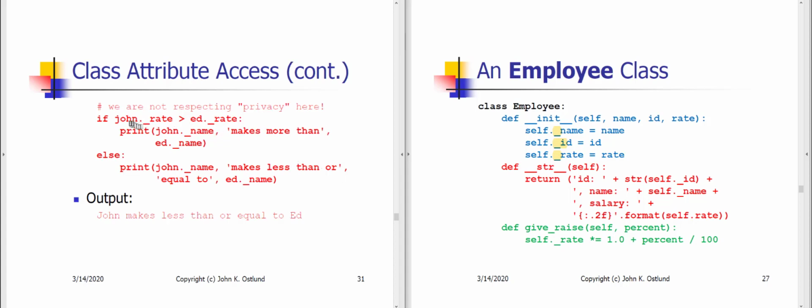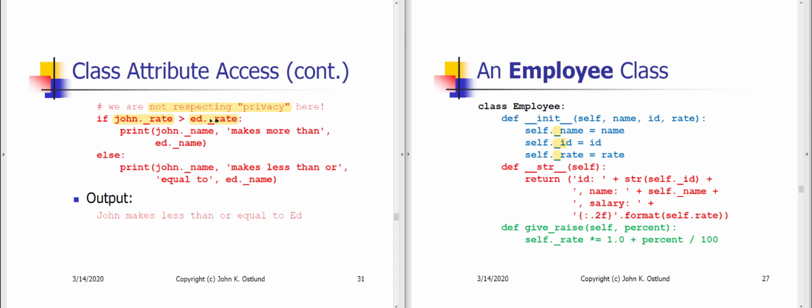And so here we have some code that some user of our employee class, some other application developer, is writing. We've created the employee class, and here is some other application developer using our employee class who is just blowing right past our request for privacy and comparing, well, is John's rate greater than Ed's rate? All right, we're just directly going in and accessing underscore rate from John and underscore rate from Ed.